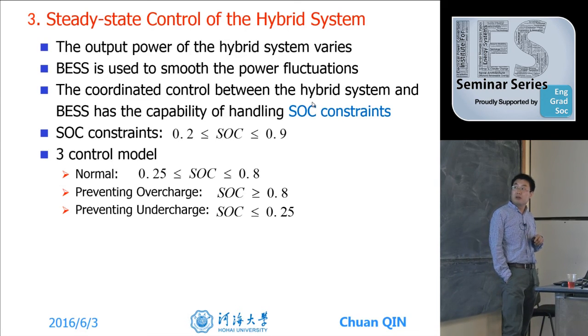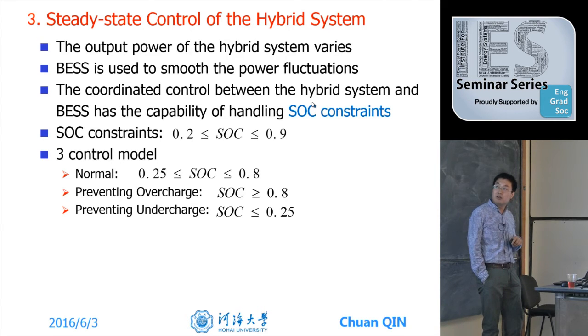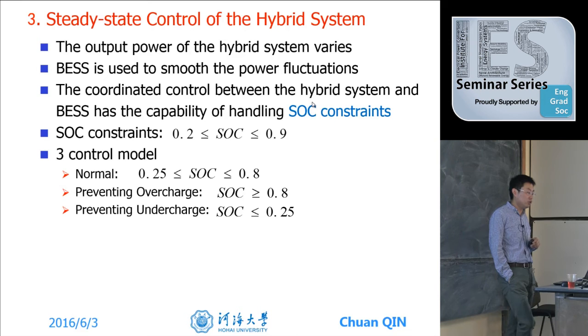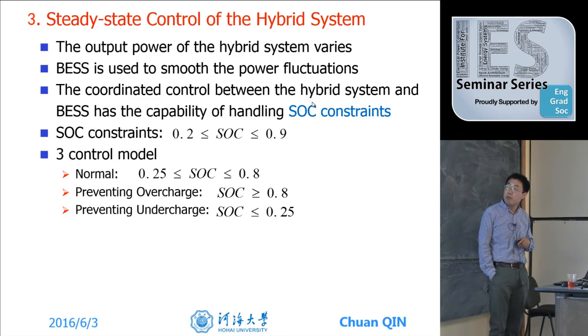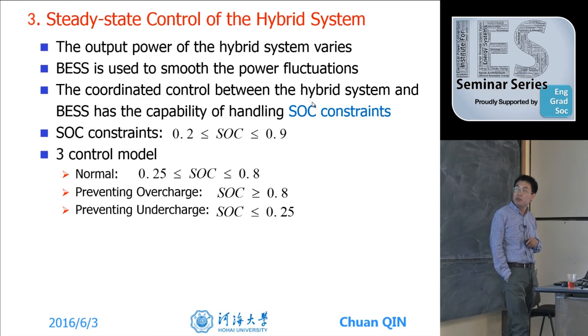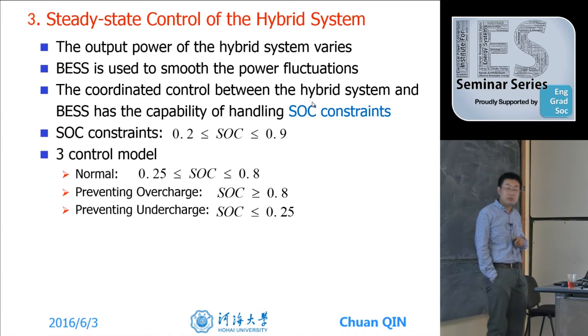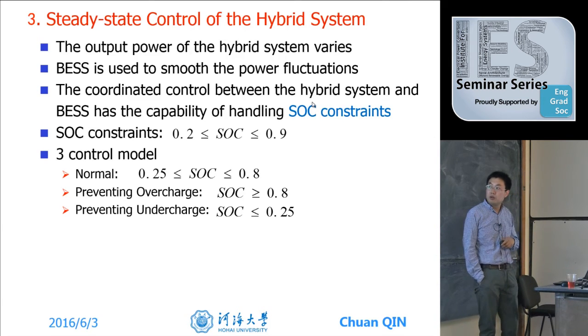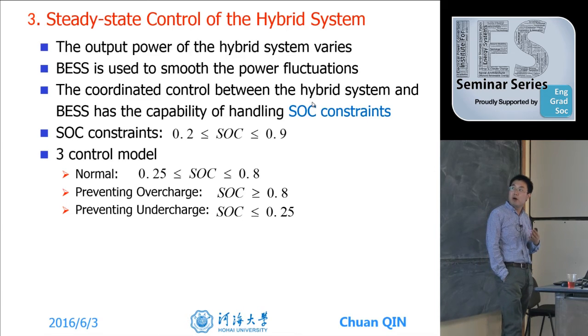The coordinated control we proposed between the hybrid system and the battery energy storage has the capability of handling SOC constraints. The SOC constraints we define as from 20% to 90%, and in this control method we have three control modes.